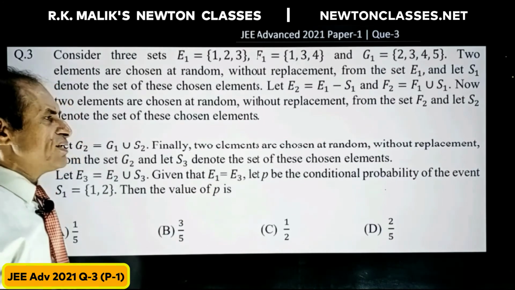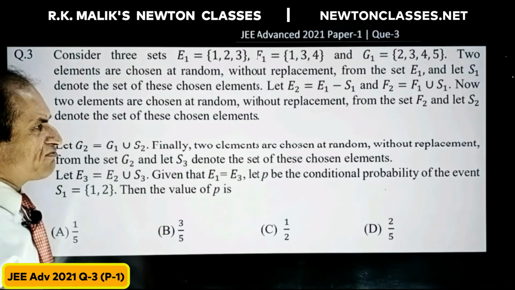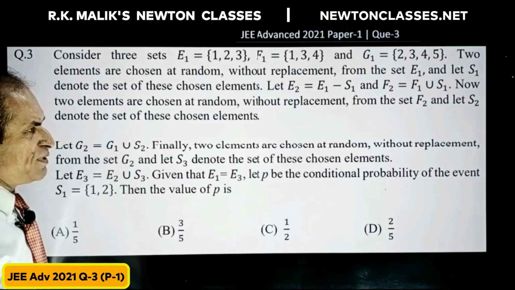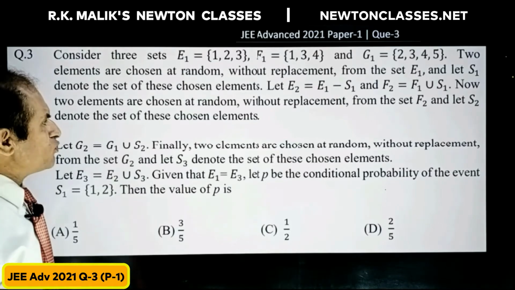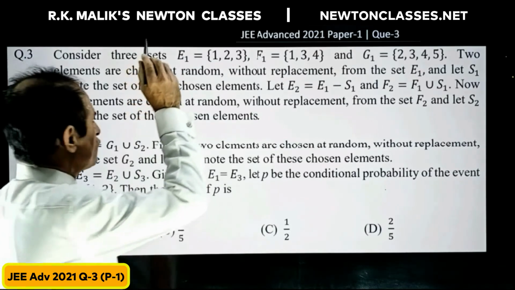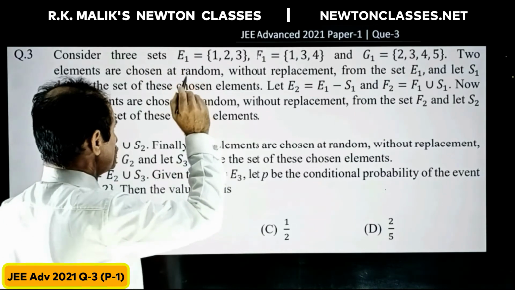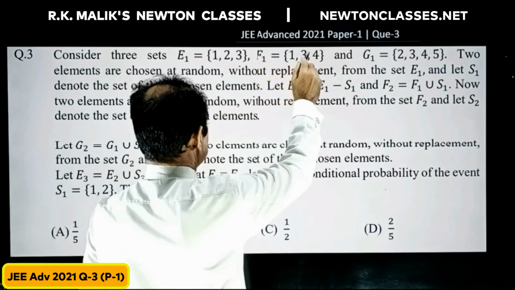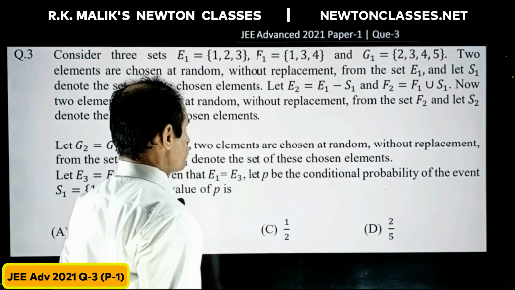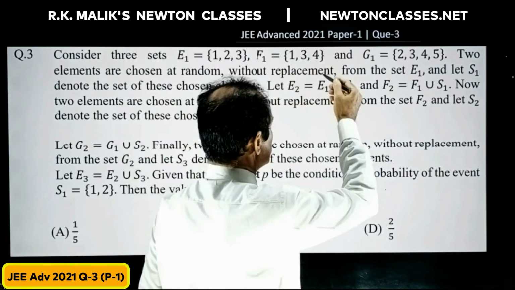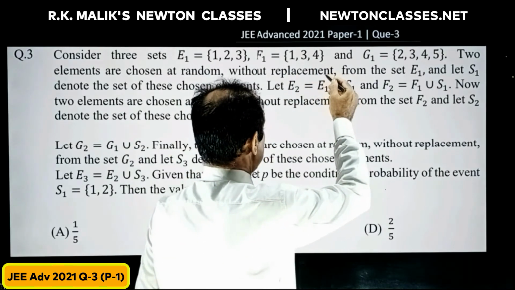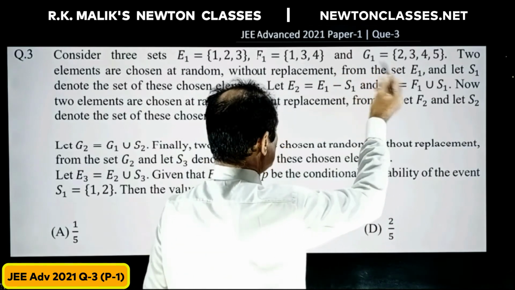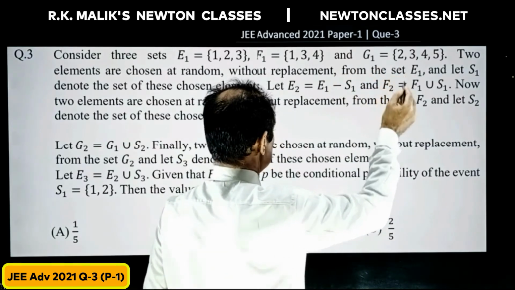Actually, the examiner has written the question in such a language that it becomes slightly difficult to understand the meaning of the question. The same question I will explain in a simple language. The question says that from the set E1, we choose two elements and those two elements are placed in F1 and the new set is F2. And from F2, we choose two elements and place them in G1 and the new set is given the name G2.